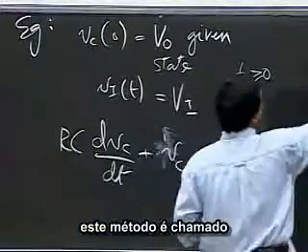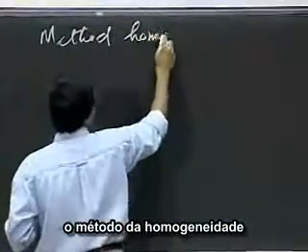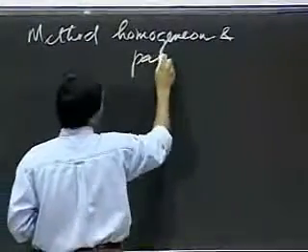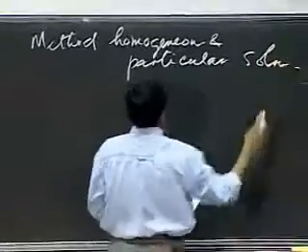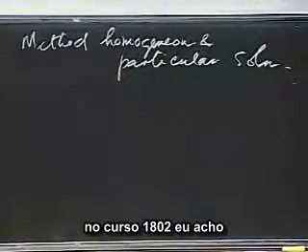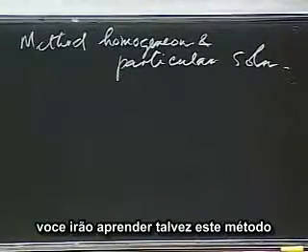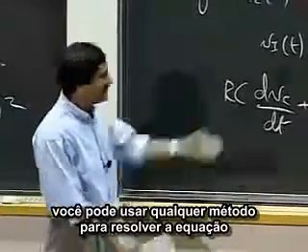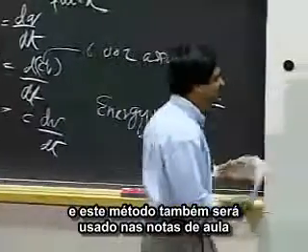That method is called the method of homogeneous and particular solutions. Okay, in 1802, I believe, you would have learned about maybe this and certainly other methods. Okay, you can use any method to solve it. We'll just stick to one method, and this is also used in the course notes.